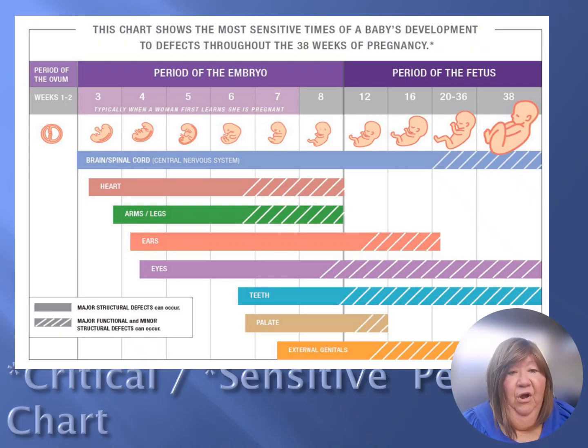So this is when your heart is developing, about week 3 to about 6 or 7. And then this is where it's finishing up. But if something happens during this time, it can really affect the heart. During this time are the arms and legs.